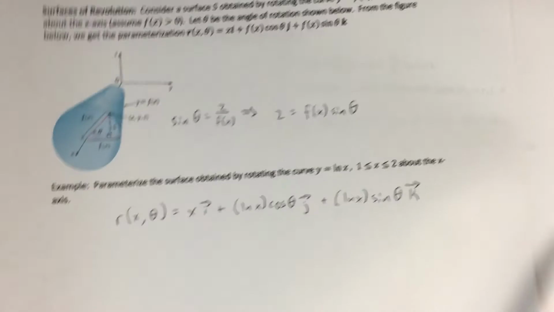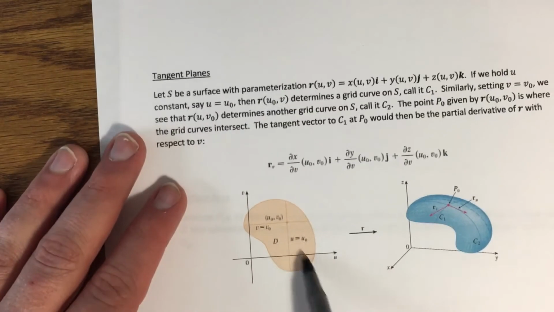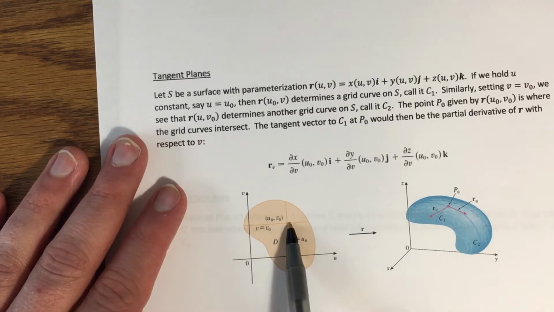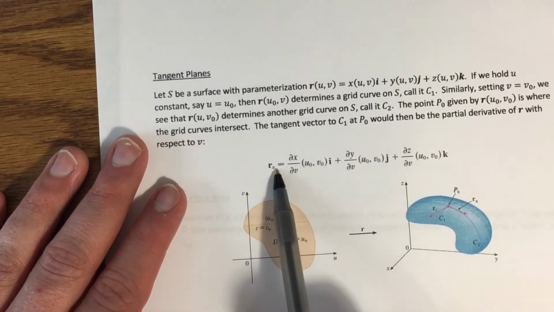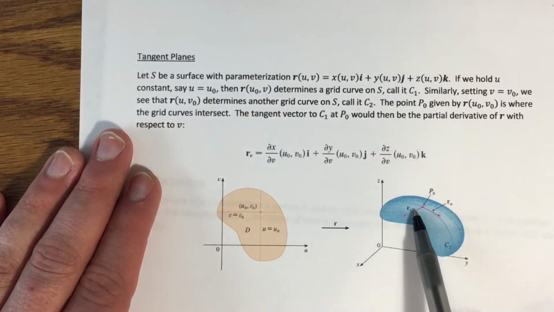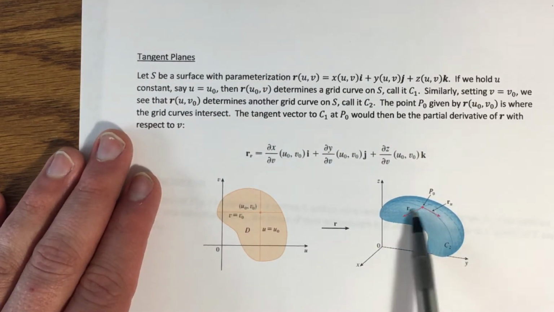Now, by holding u constant and getting this vertical line here, and holding v constant and getting this horizontal line here, they intersect at a point which, when plugged into my vector function, is going to give me this point P naught. And here are the two tangent vectors that we just came up with.